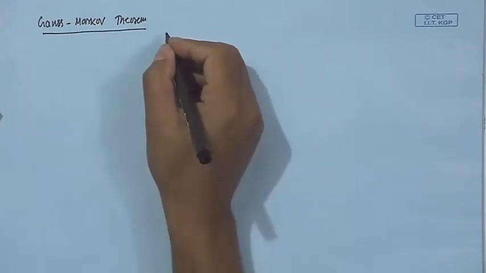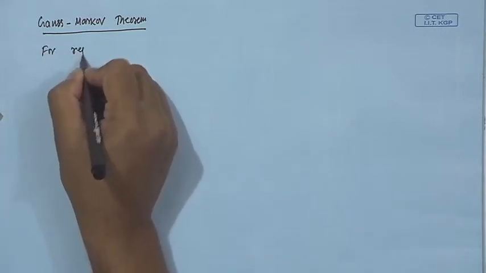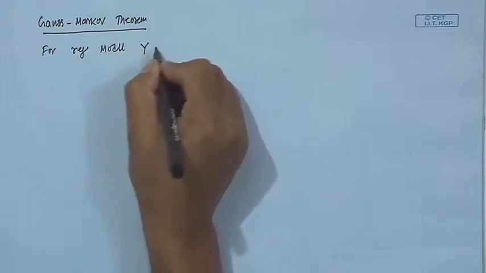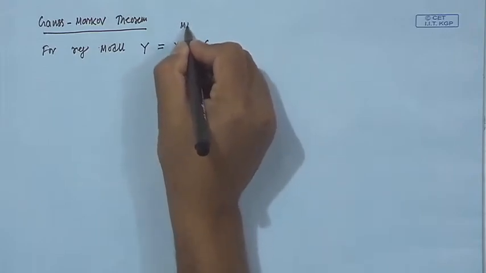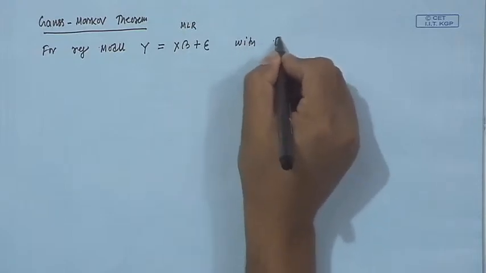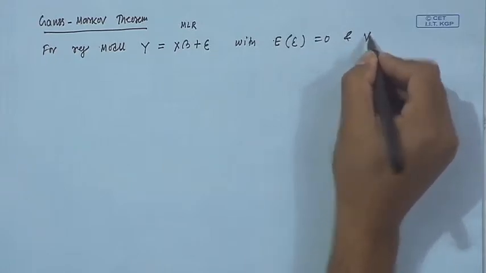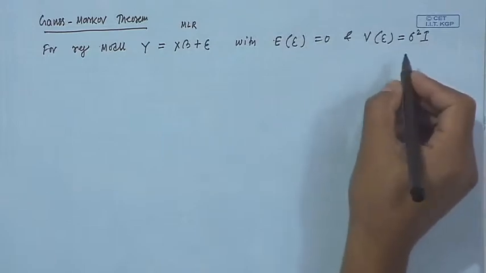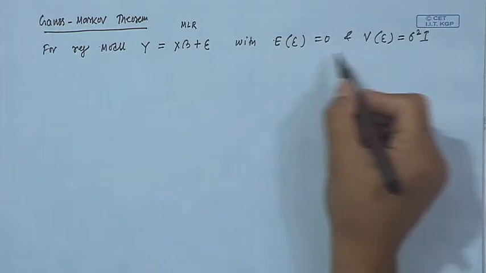This theorem says that for a regression model y equal to x beta plus epsilon, so this is a multiple linear regression model with expectation of epsilon equal to 0 and variance of epsilon equal to sigma square I. That means it satisfies the basic assumption of multiple linear regression model.